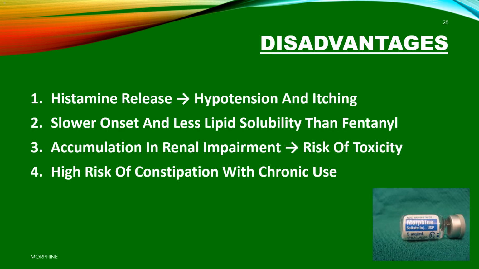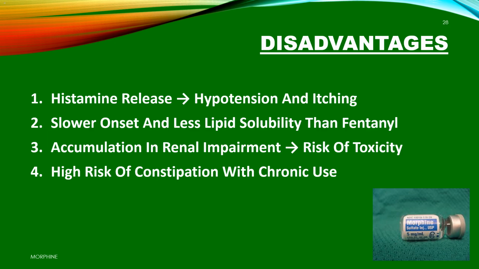Disadvantages of morphine. 1. Histamine release. Morphine can cause histamine release, leading to hypotension, low blood pressure, and itching, which can be uncomfortable for patients. 2. Slower onset and less lipid solubility. Compared to fentanyl, morphine has a slower onset of action and is less lipid soluble, which can affect its rapid pain-relieving effects. 3.